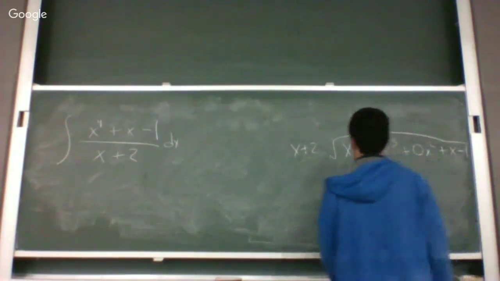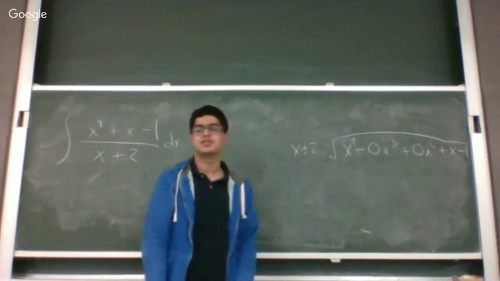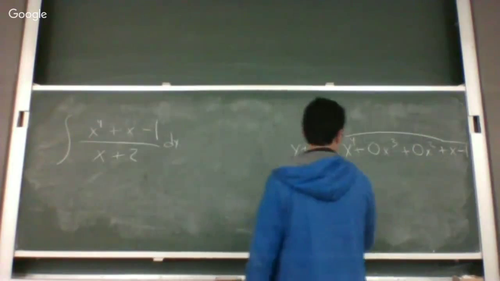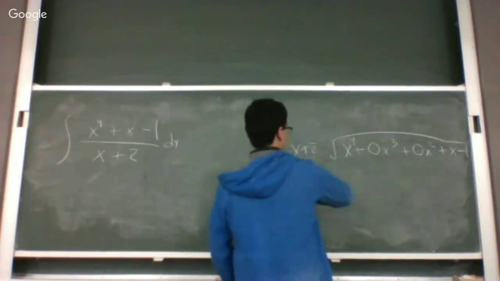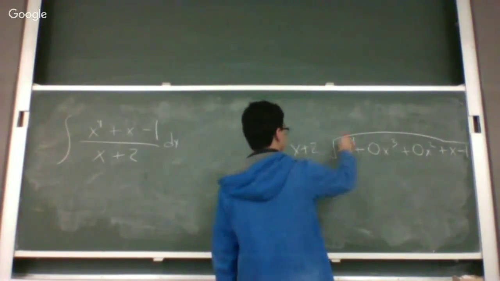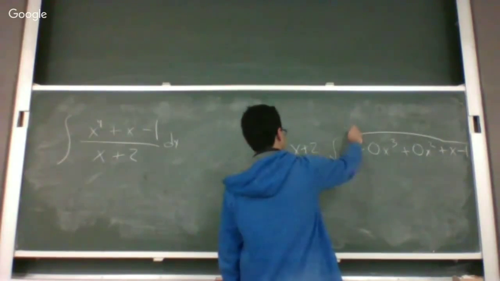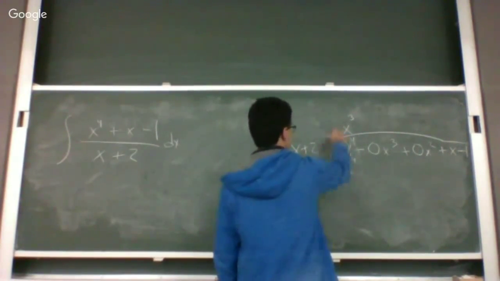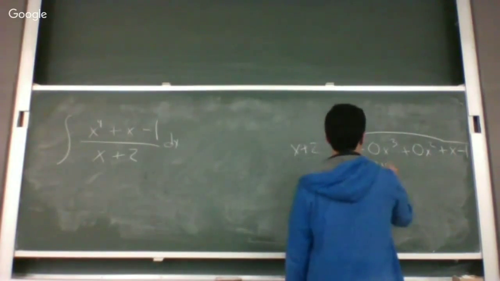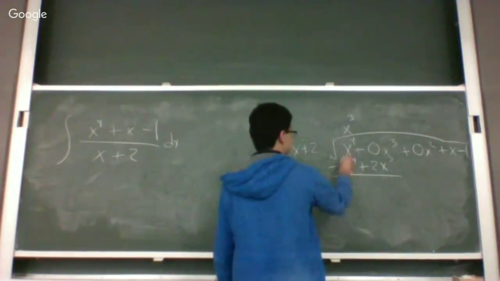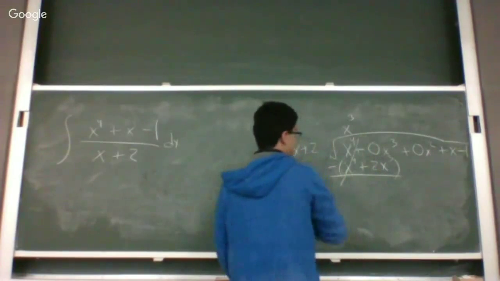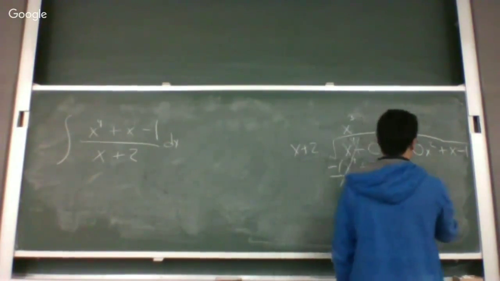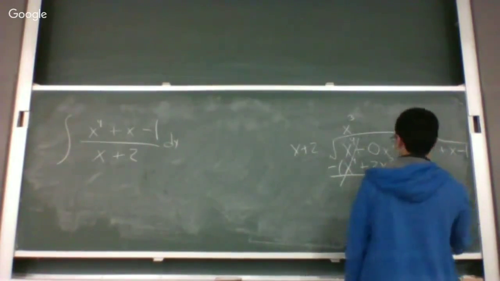Did you guys remember that? Yeah. Don't make the mistake of not putting the zeros there. What's the first thing that goes up here? x cubed. So it's x to the fourth plus 2x cubed. We subtract that quantity. We are left with a minus 2x cubed plus 0x squared plus x minus 1.